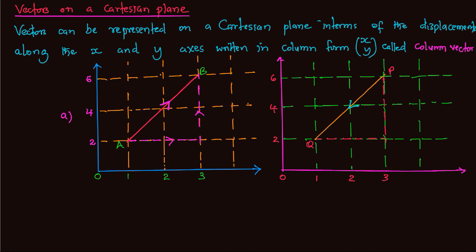For vector AB, there's a displacement from A of 2 units along the x-axis, so the displacement parallel to the x-axis is equal to 2.